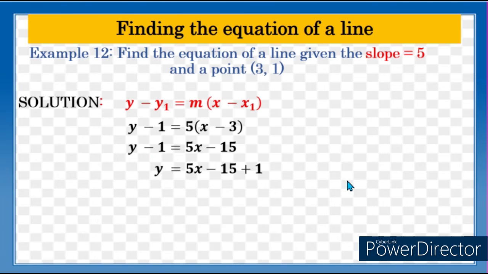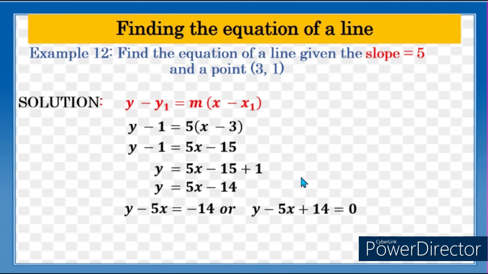So we have y is equal to 5x minus 15 plus 1. Okay, pagsamahin po natin, negative 15 plus 1 is equal to negative 14. So we have y is equal to positive 5x minus 14 or y minus 5x is equal to negative 14 or y minus 5x plus 14.